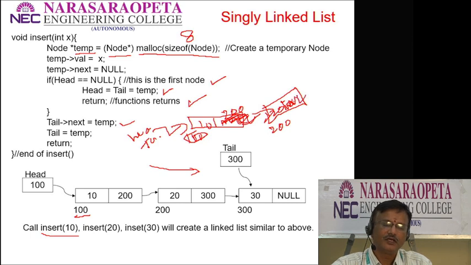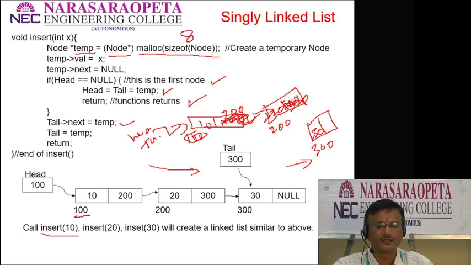If I insert a third node whose address is 300, again I am making tail of next equals to 300, and tail equals temp. So tail will move like this. So tail gets updated. Like this we have created a singly linked list in the forward direction.